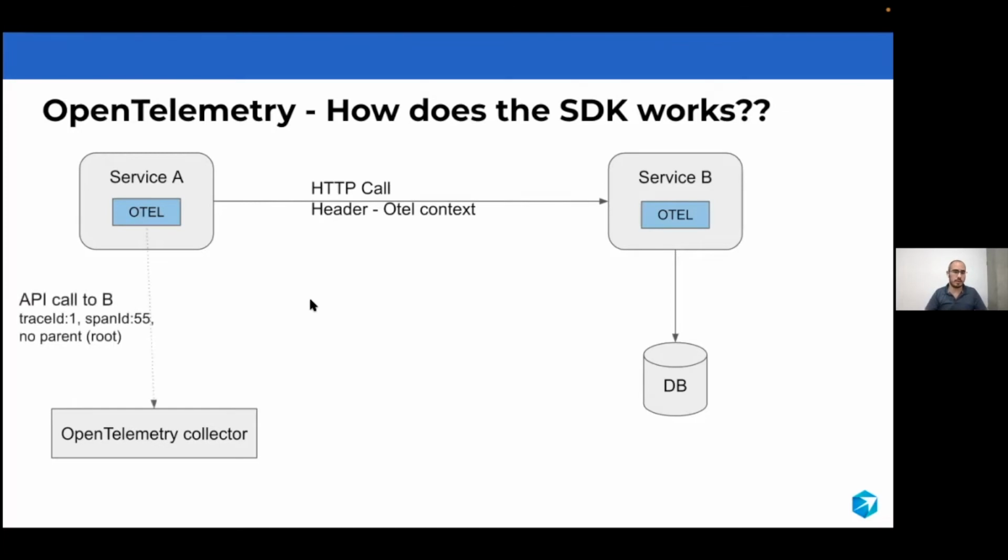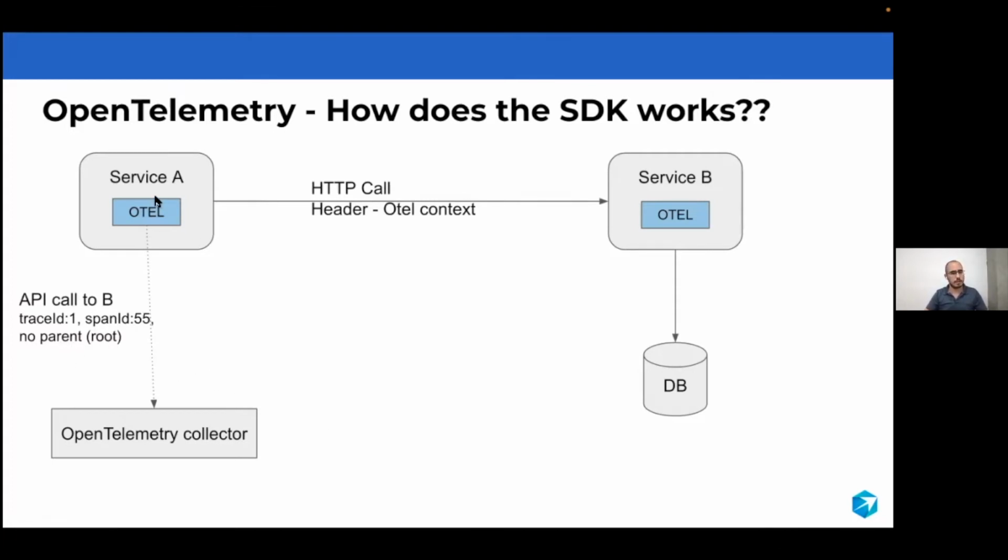And the way that it works is like this. Service A will report, hey, I'm sending an API call to service B. Each trace in the system has its own unique ID, so trace ID number 1. And we have a span ID, which is also unique, and that's span ID 55. In this case, we have no parent because this is the root of the trace. That's the first event, the first span in this trace, so it has no parent.